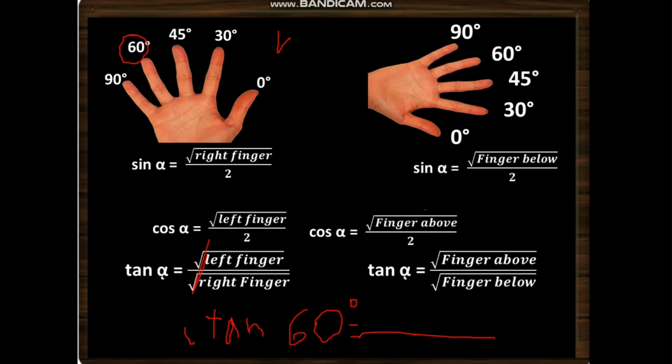So para sa ating numerator, which is the left finger, ilan po? Ito yung 60 natin, di po ba? Yung nasa kanyang kaliwa ay isa lang. And therefore, ang ilalagay po natin dito is only the square root of 1. Ilan po ba yung kanyang nasa kanan? We have 1, we have 2, we have 3. And therefore, ang ilalagay po natin dito ay 3.